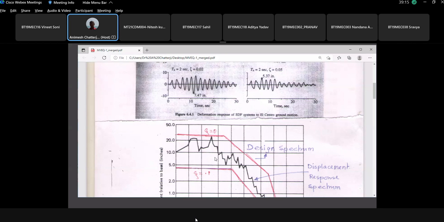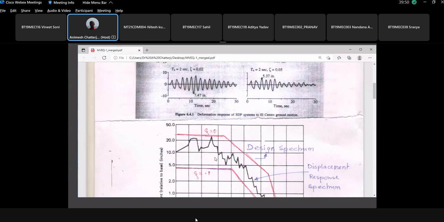So whenever resonance occurs, the building may not fail for two reasons. One is that there is damping, so the amplitude doesn't become infinitely large. Amplitude becomes large, but not infinitely large if damping is there. The second reason is that even if damping is small, the amplitude could not grow to infinity because after 10-15 seconds the earthquake vanished.